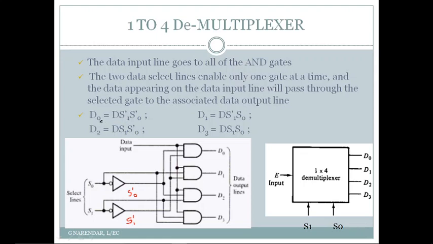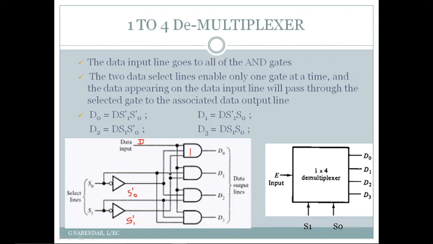To obtain D0 we have to use the first AND gate with the data input D. So this is our D data input, and for the first AND gate one input is D and the other is S1 bar.